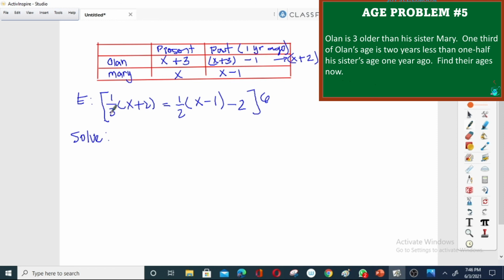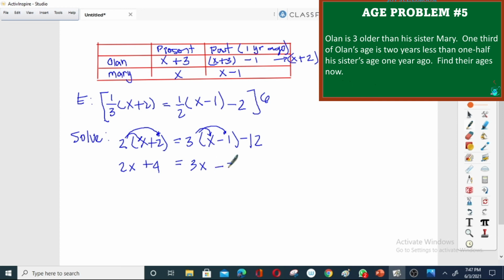So 6 divided by 3 is 2, multiplied by x plus 2, is equal to 6 times 1/2, 6 divided by 2 is 3, times x minus 1, and then negative 2 times 6 is negative 12. Then distribute: 2x plus 4 is equal to, distribute also this one, 3x minus 3 minus 12.